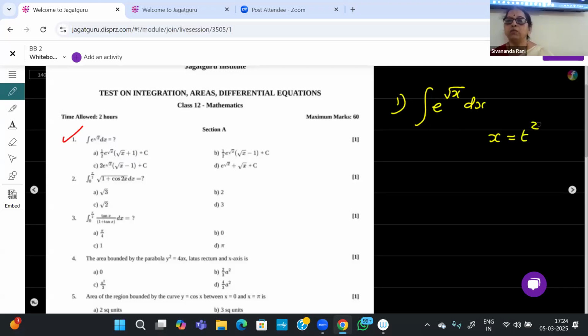How to make the bad thing become good? Put x as t square, so that the root goes. That's the main idea. So root x will become t, and we have a very pleasant function to integrate. Root x has become t, so that's the main advantage of this substitution. And dx is 2t dt.